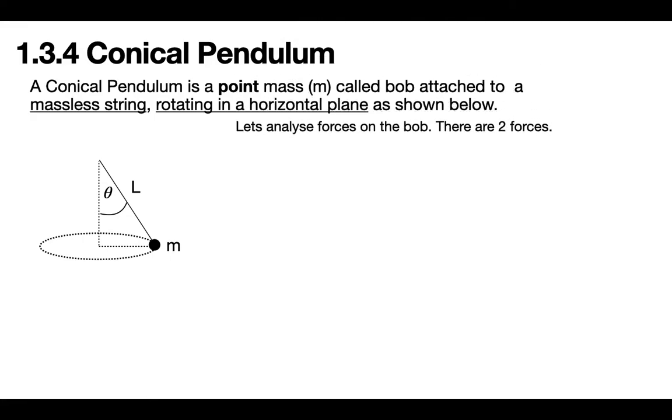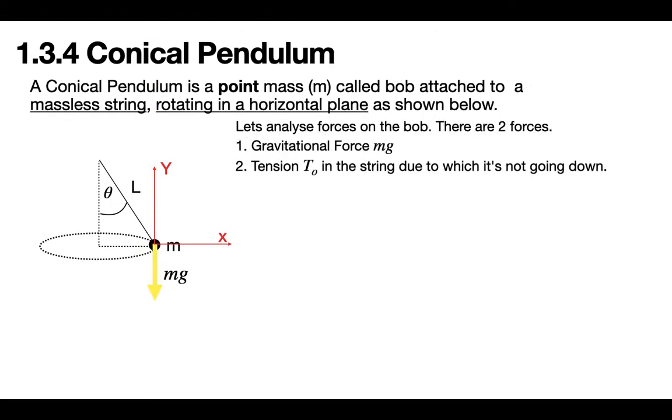Now let's analyze the forces on the bob. There are only two forces, and let's attach a frame of reference to the point mass. You can see the gravitational force mg acting on the bob, and the tension T in the string, due to which it's not going down.